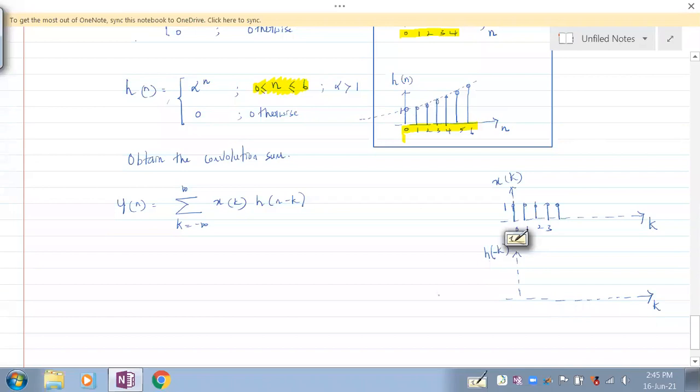If you reflect that, what would we get? Everybody see here, this is 1. And why did we plot it like this? See, alpha is greater than 1. When alpha is greater than 1, here it is a growing exponential. At 0, it is always 1, and from there on it increases. So when we take the reflection of such a signal, at 0 it is 1, and from there on it will keep increasing like this.